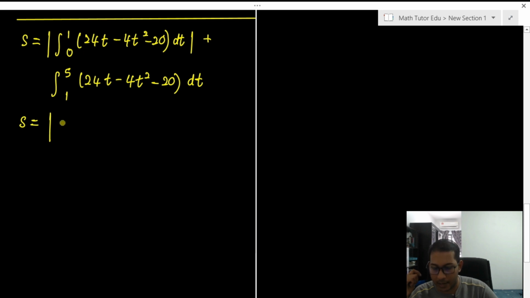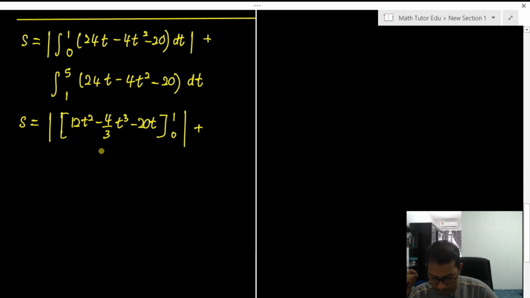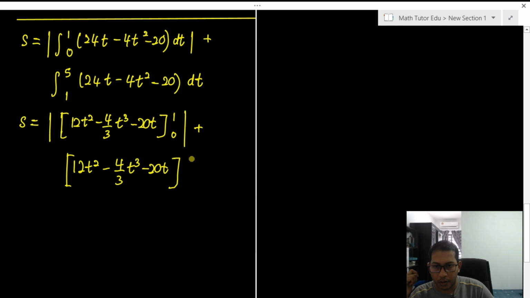You perform the integration, you get 12t square minus 4 over 3 t to the power of 3 minus 20t, upper limit 1 and lower limit 0, plus with 12t square minus 4 over 3 t cube minus 20t, upper limit 5 and lower limit 1.